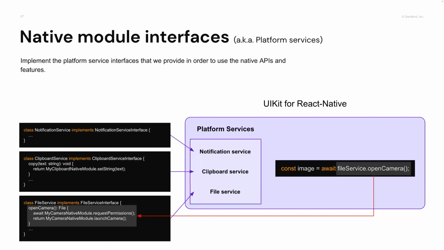When the UIKit needs a native module, it calls the interface it received and uses it. By receiving the simplified interface, we can take various actions to the native module and also replace it without a hitch.